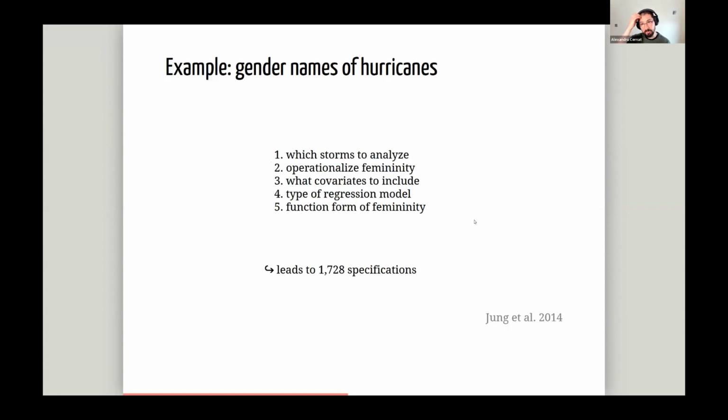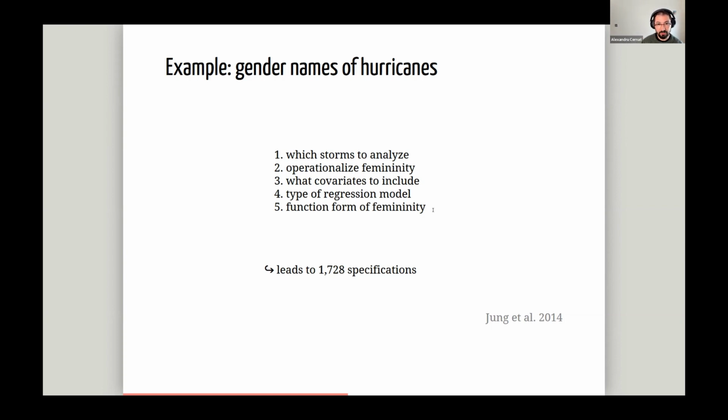This is from a paper that got quite some attention some time ago, looking at the relationship between the gender name of hurricanes and, I think, the number of people that died as a result of the hurricane.